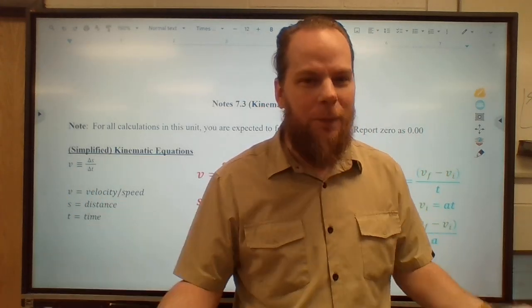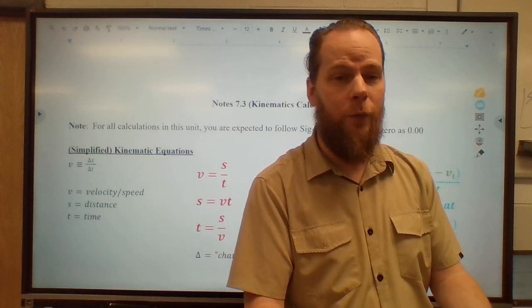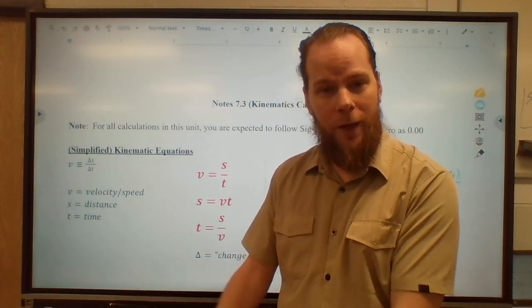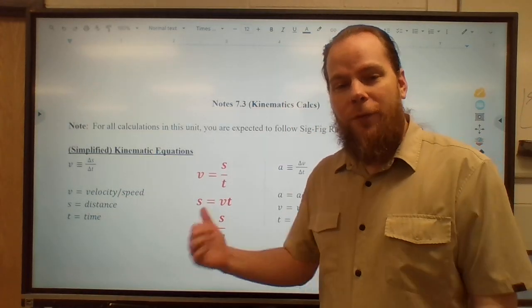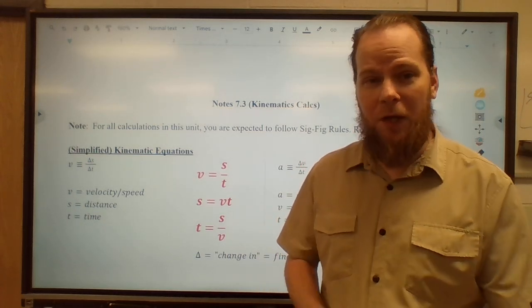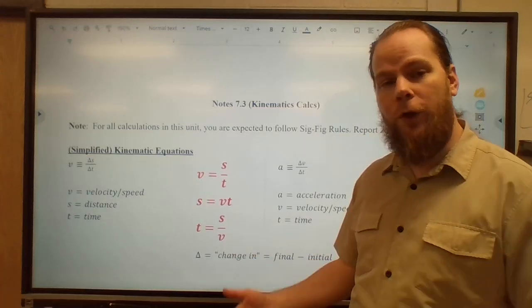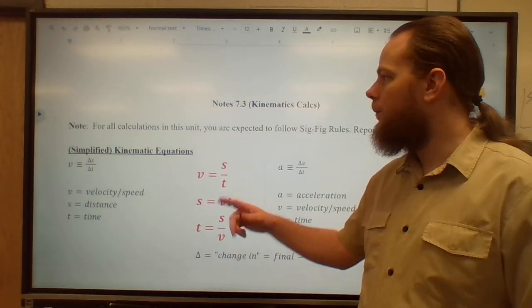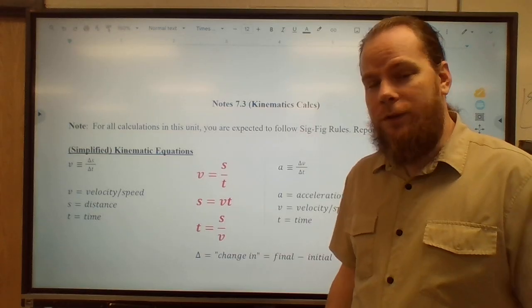Well, 15 meters per second was the initial velocity because it's how fast you were going before you hit your brake. Now, I've got 3 practice problems we're going to go through. Once we've done that, you guys are kind of on your own. There's another 8 practice problems on worksheet 7.3b. So let's get started.